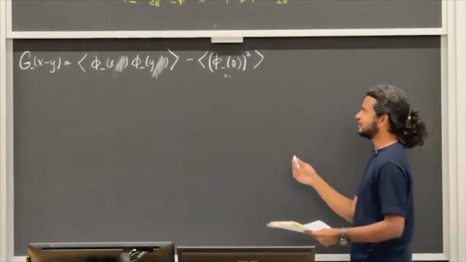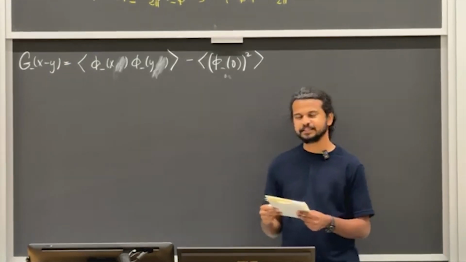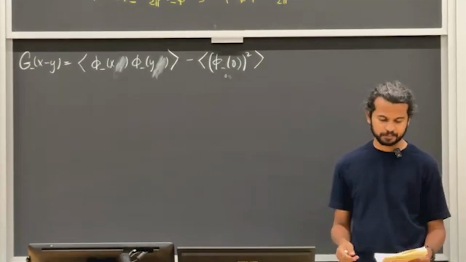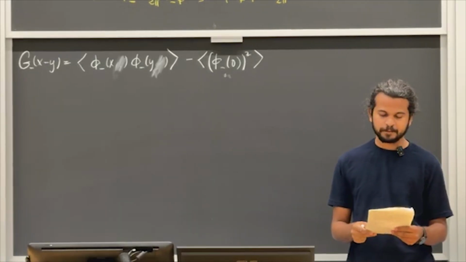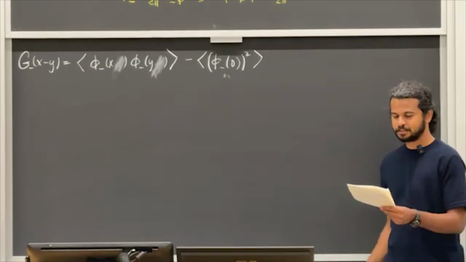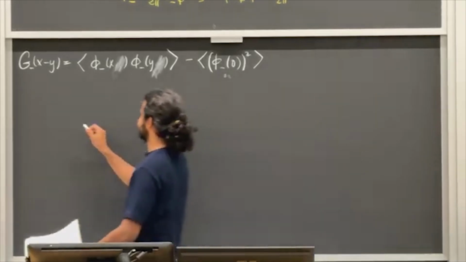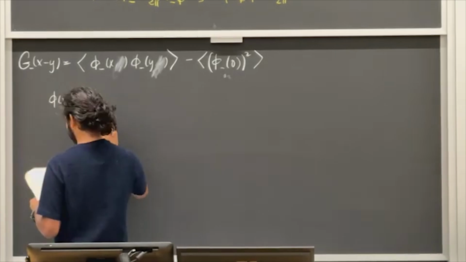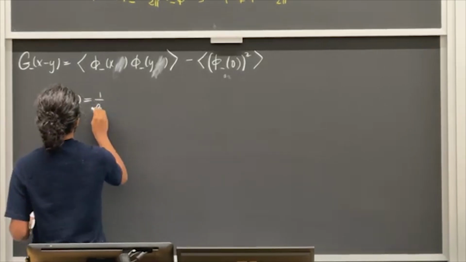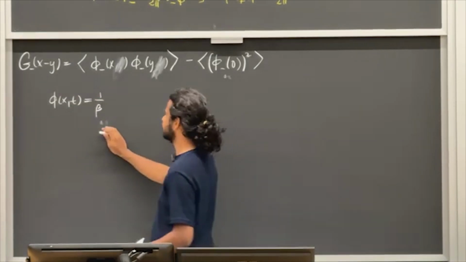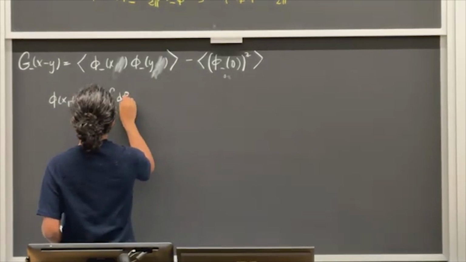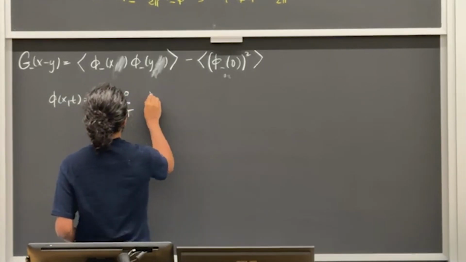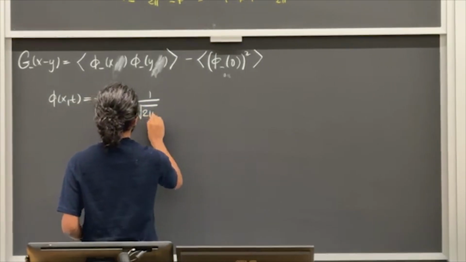So to evaluate this, I think it's easier to go back to A's and A daggers. So we have phi(x,t) equal to 1 by beta, this is a normalization convention, integral dp by 2 pi, 1 by square root of 2 absolute value of p.